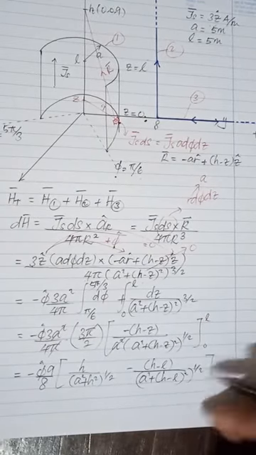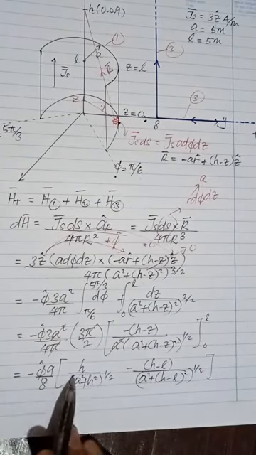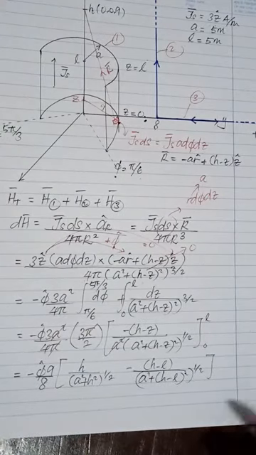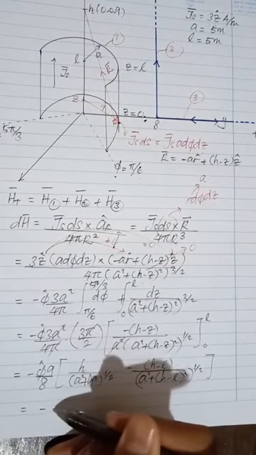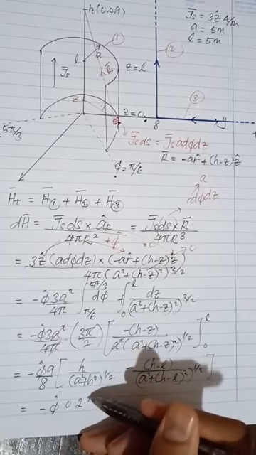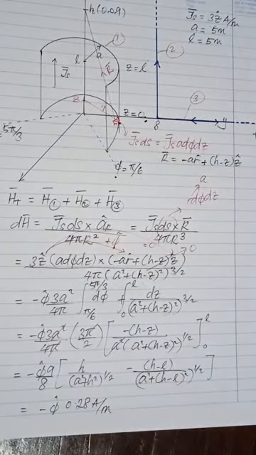If you substitute the value of h to be 9 and a to be 5, then you finally have the answer of negative a_φ 0.28 amperes per meter.